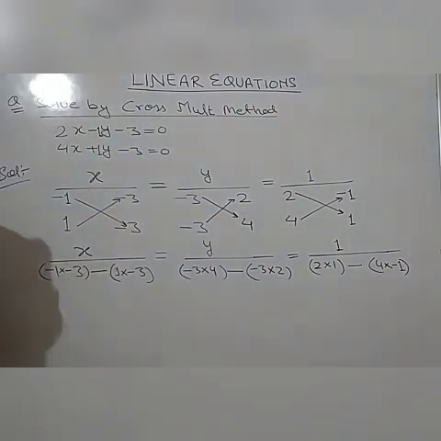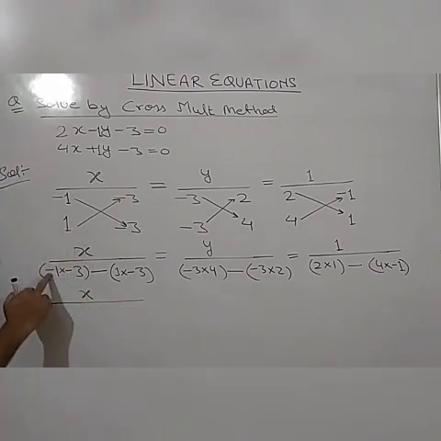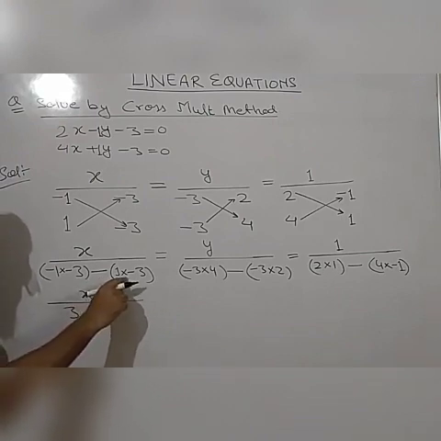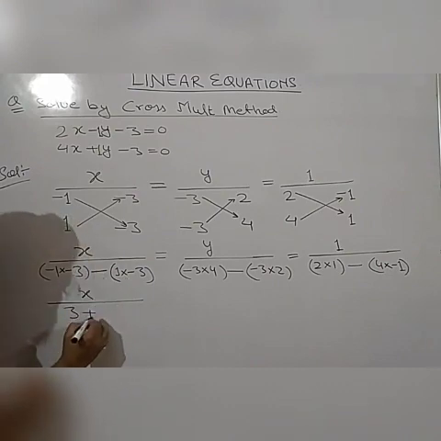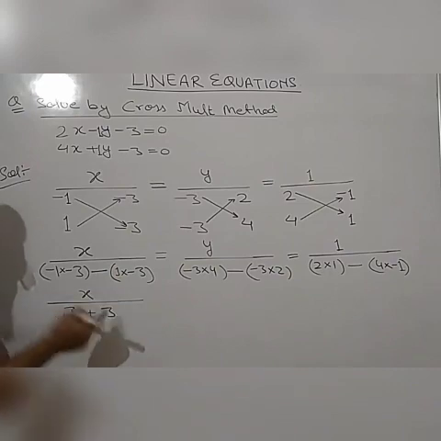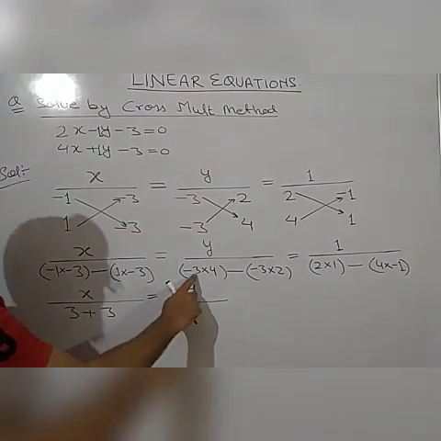Okay, now you can calculate this very easily. So start calculating. It will be x upon minus 1 into minus 3 will be 3. This will be minus 3 into minus 1. It will be minus 3, and minus minus will be plus 3. So we will get x upon, this is plus 3, and it will also become plus 3, is equal to y upon minus 3 into 4.